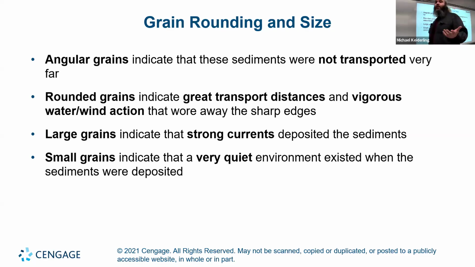Larger grains indicate strong currents that deposited the sediments. We'll get to that in the next chapter, but basically, smaller particles are carried more easily by water. So the faster the water is moving, the larger the particles it can carry. Larger grains indicate that it fell out in stronger currents, while smaller grains indicate a very quiet environment when the sediments were deposited, because otherwise they would have kept going.